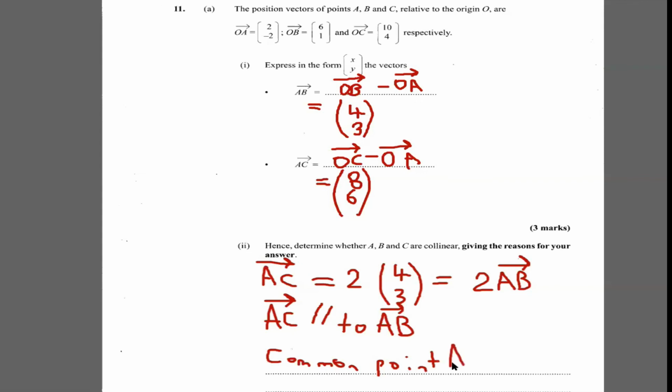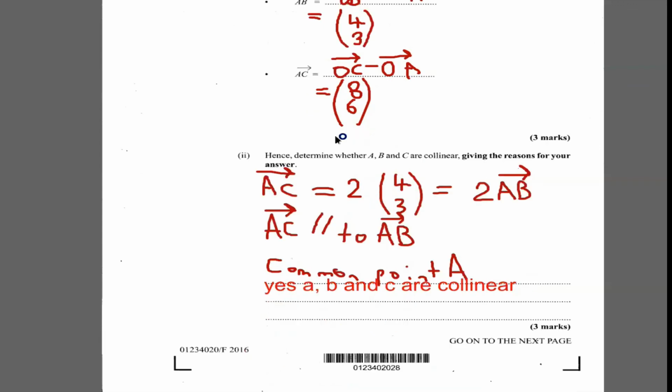So say yes, A, B, and C are collinear. The three points lie on a straight line, and that's what collinear means.